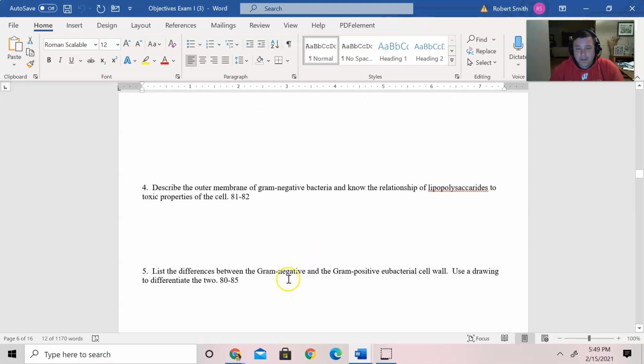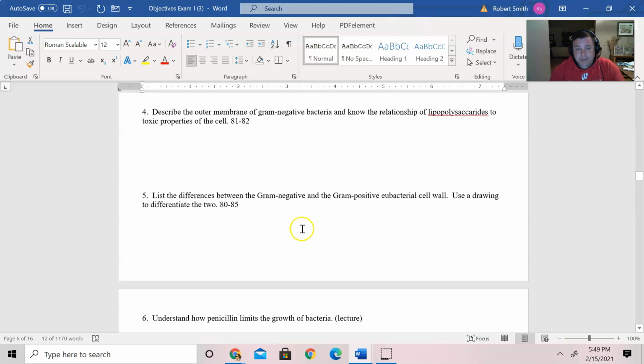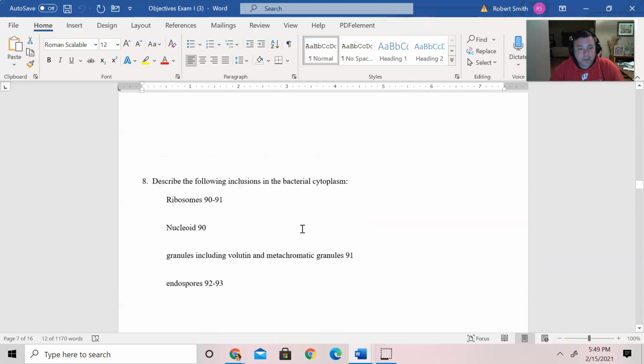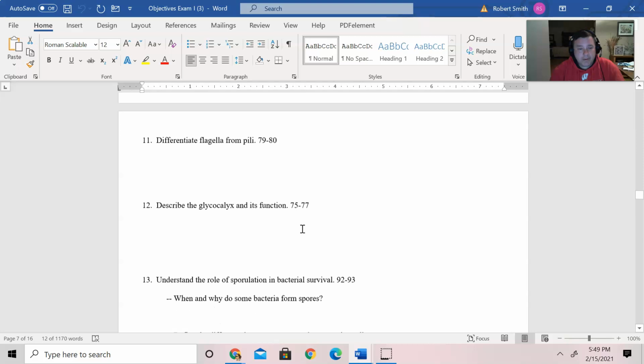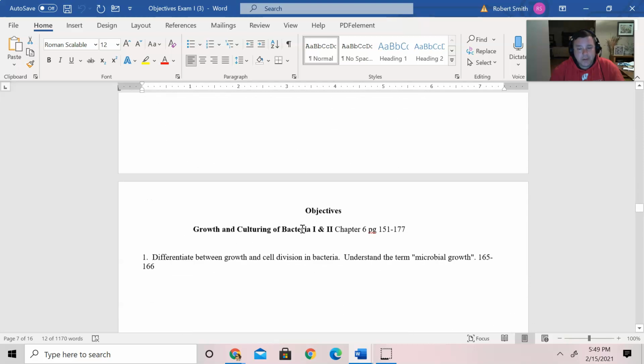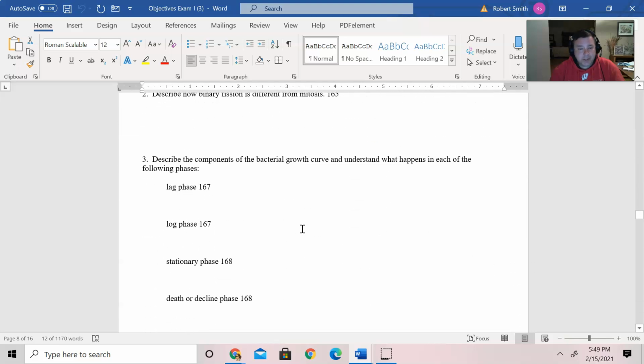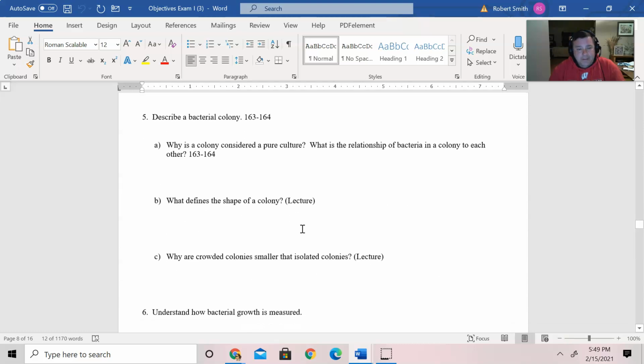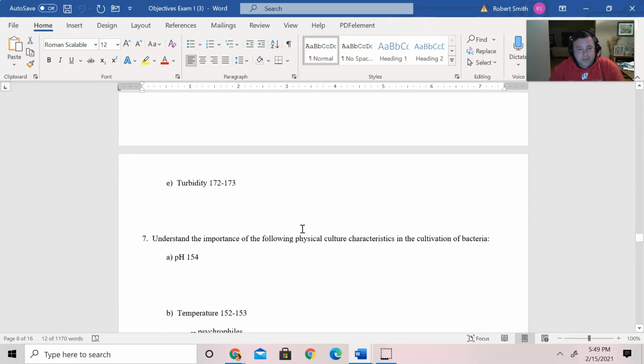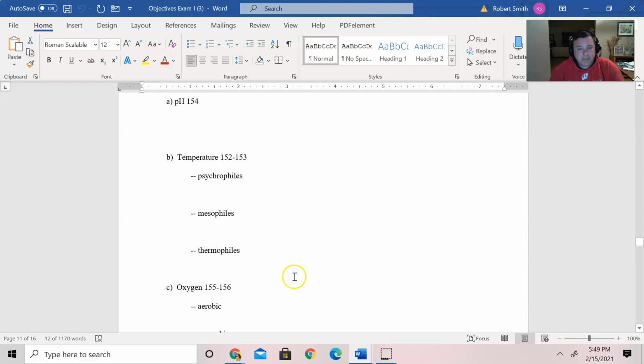All right? So I kind of went over that one. And then the other one here happens to be that one about temperature. If I go into the next set of objectives, which I have to scroll down to, right here happen to be the temperatures. You've got the psychrophiles, mesophiles, and thermophiles. These all happen to be the different temperatures that I had in the videos for you.